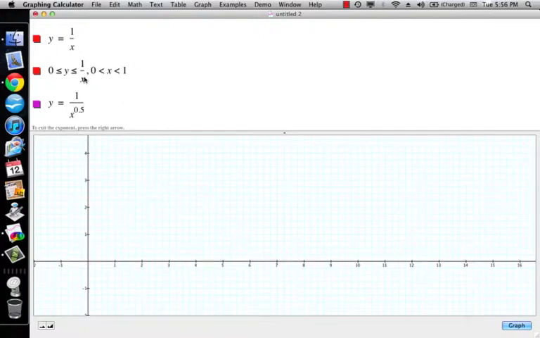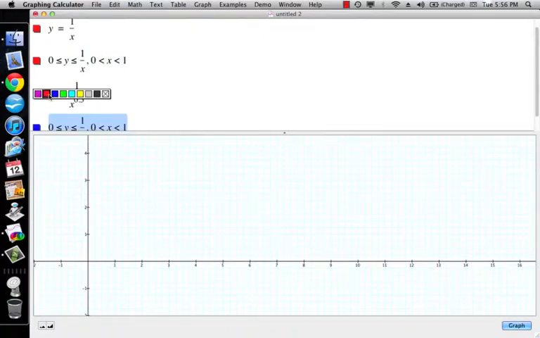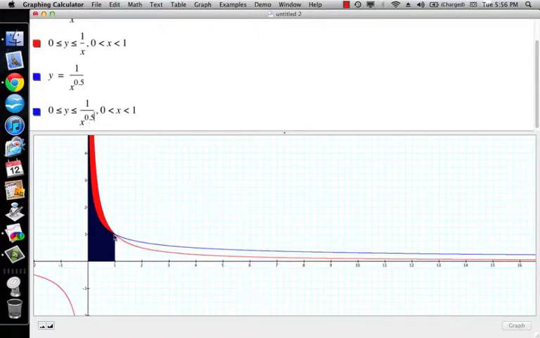I copy that, paste it, make this all blue, make that the 0.5. I was saying that that red area is infinitely large. But what about this blue area? This blue area is smaller than the red area. And so the blue goes towards the y-axis faster than the red does.